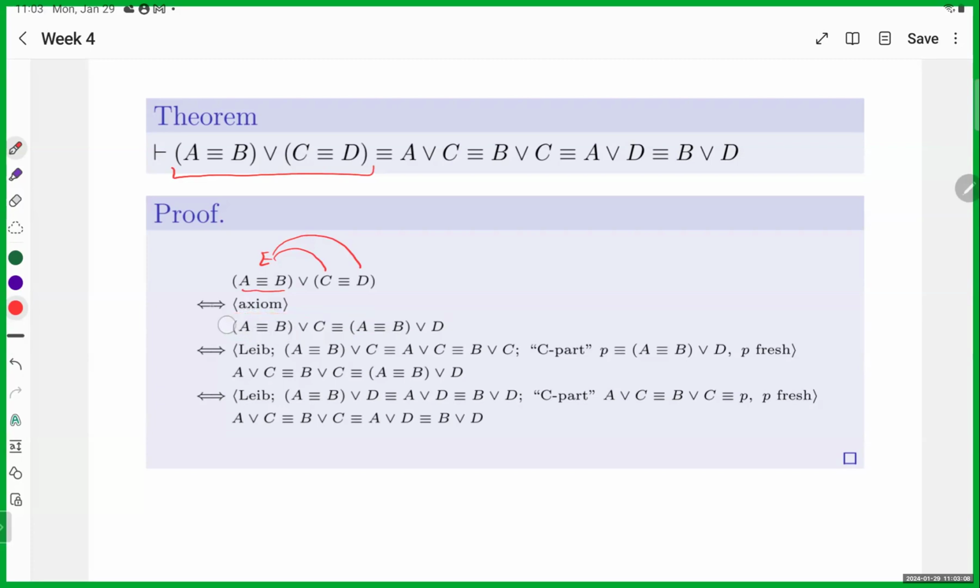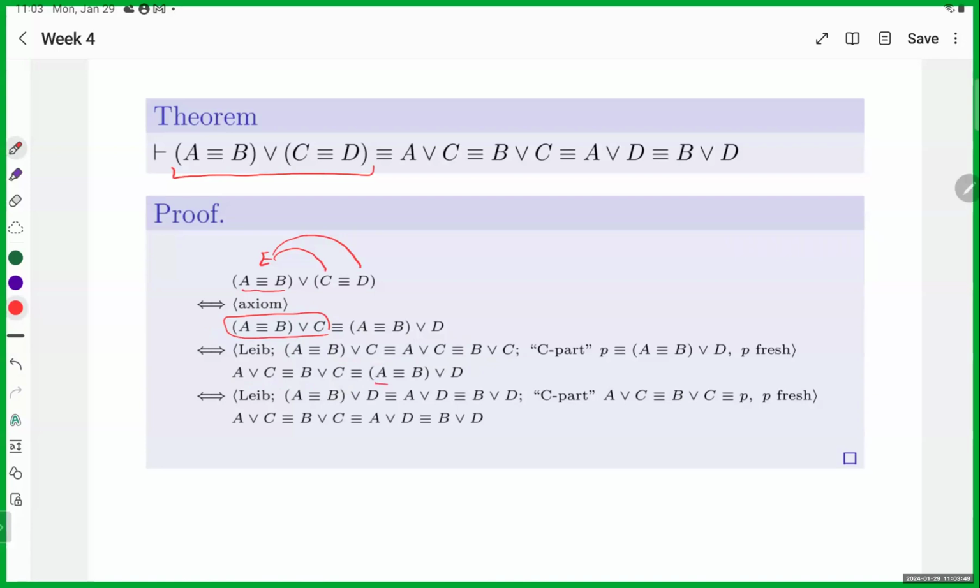That means apply Leibniz when this is called P. Now the C part of the Leibniz is going to be P is equivalent to A or B or D. And apply the distributivity. You can just write distributivity of disjunction over equivalence. And this is what you get: this side replaced with A or C is equivalent to B or C.